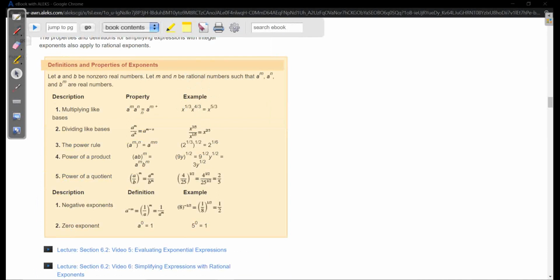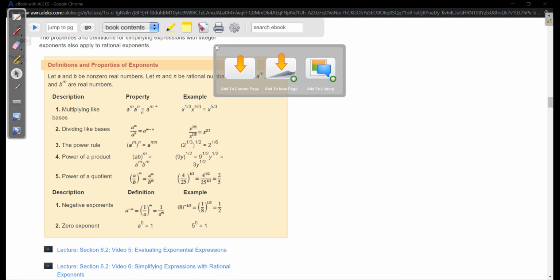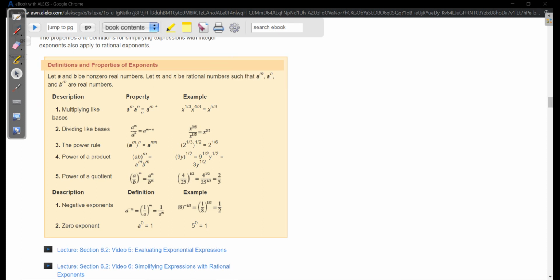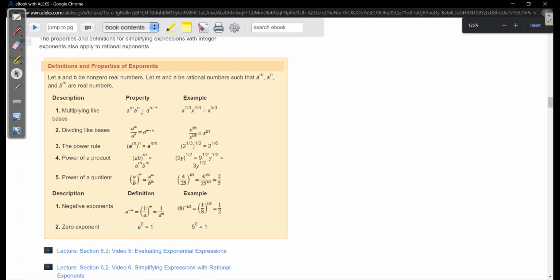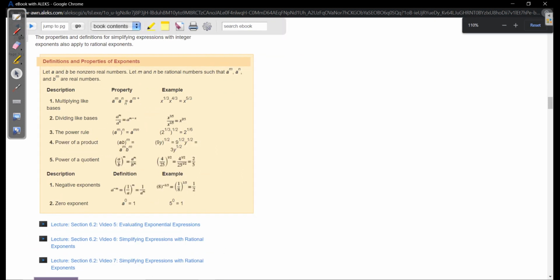Okay, so this deserves its own page. I'm going to have to clean up the first one.